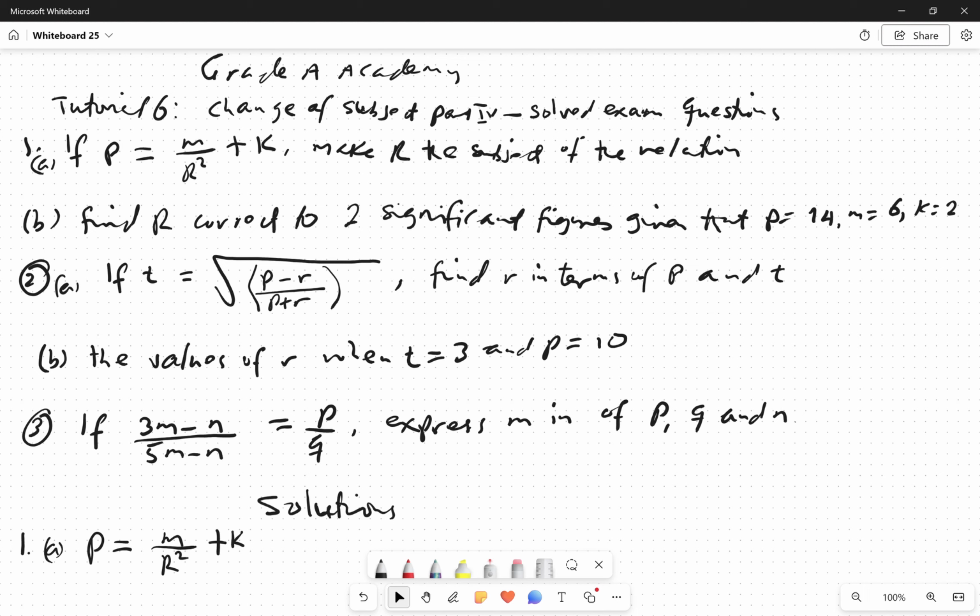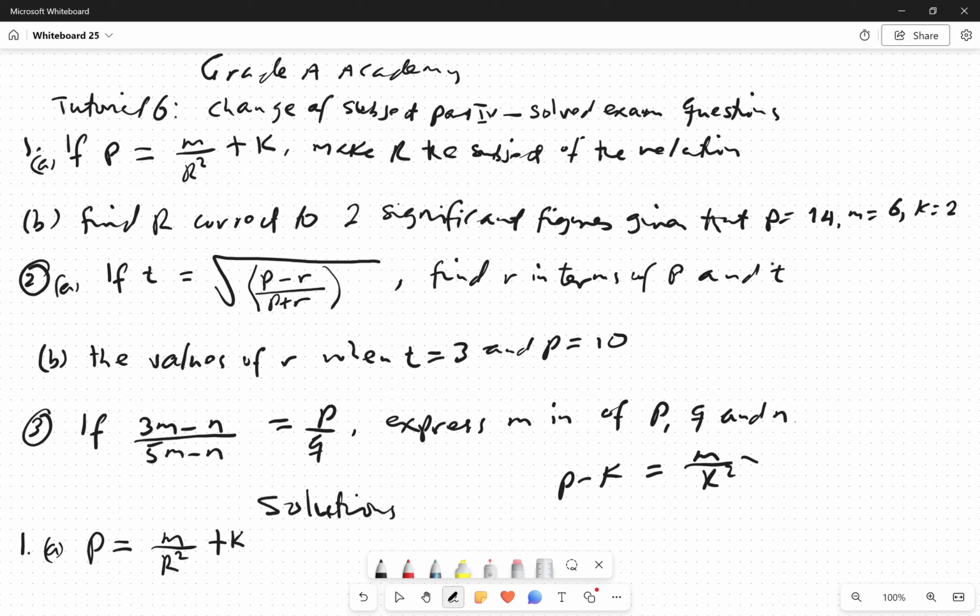So the first thing we need to do, looking at our concepts, the notes that we have, is to send k across. So subtract k. So we're going to have p minus k is equal to m over r squared. And the next thing, because r is at the denominator, we'll multiply through by the denominator.